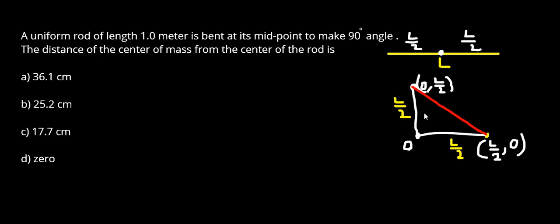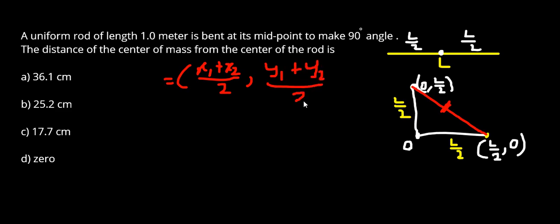Now we have to find the midpoint of this resultant. What is going to be the midpoint? The midpoint formula is given by x1 plus x2 by 2 comma y1 plus y2 by 2 in the coordinates.